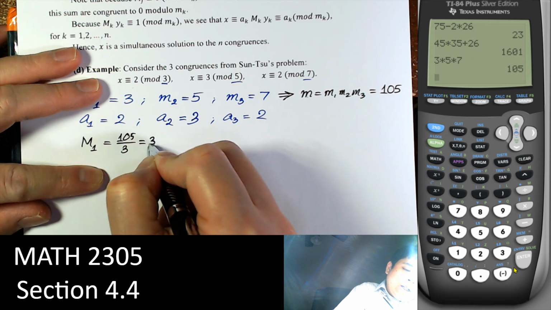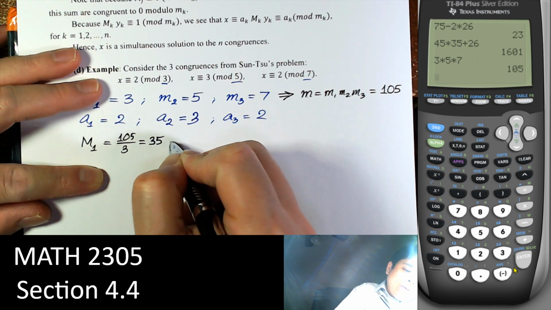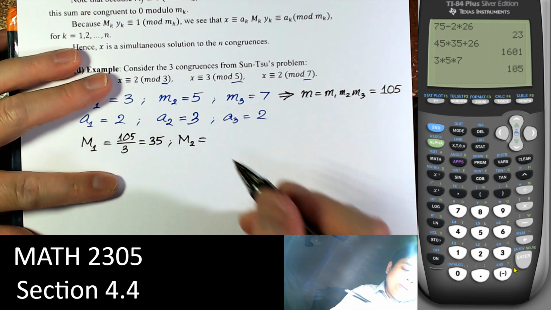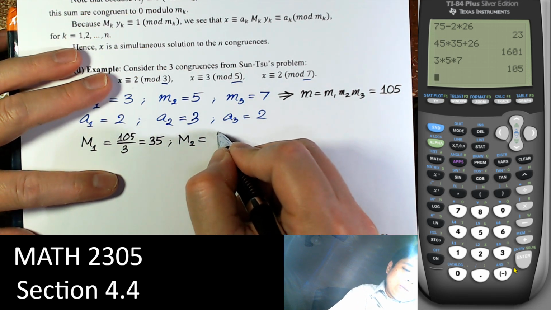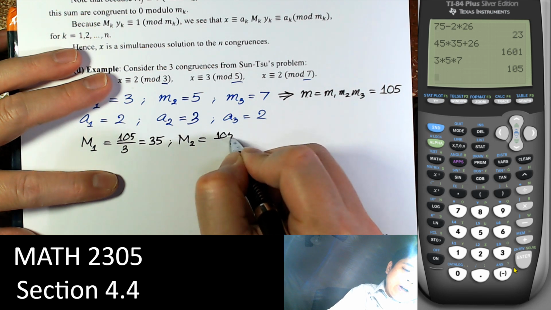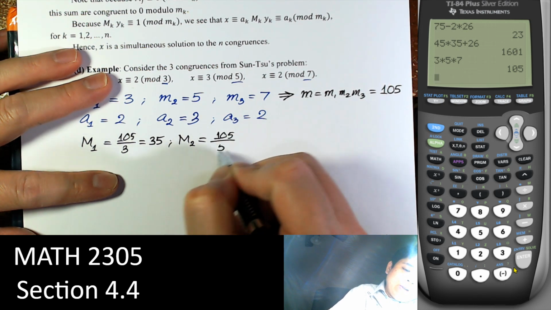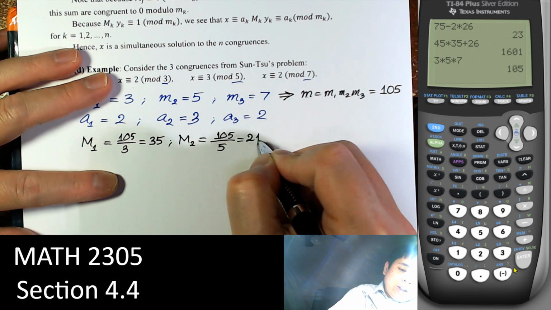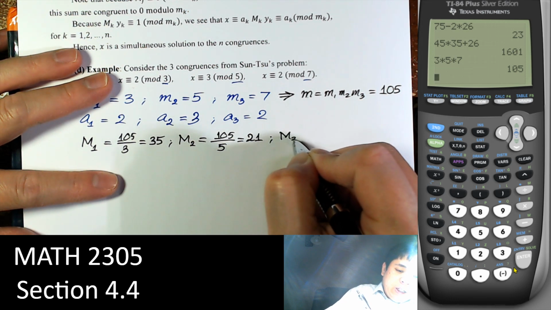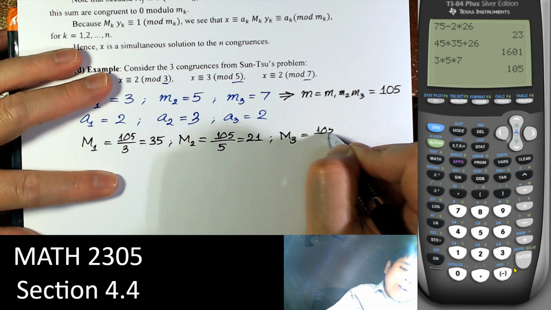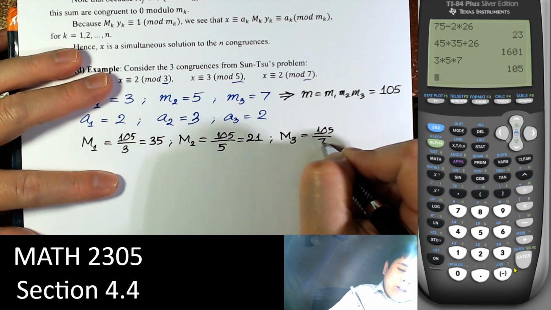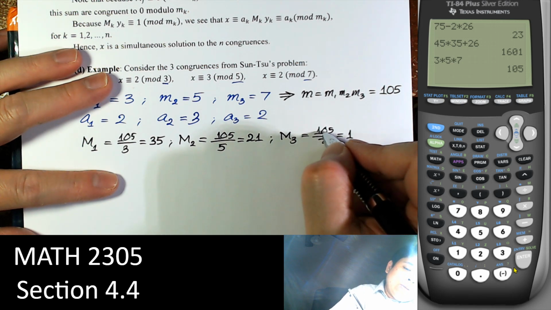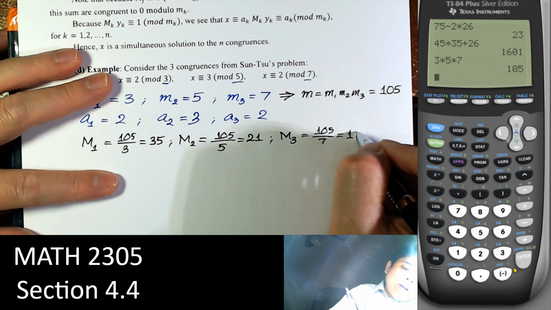M1 is 35. M2 is 105 divided by 5, which is 21, and M3 is 105 divided by 7, which is 15.